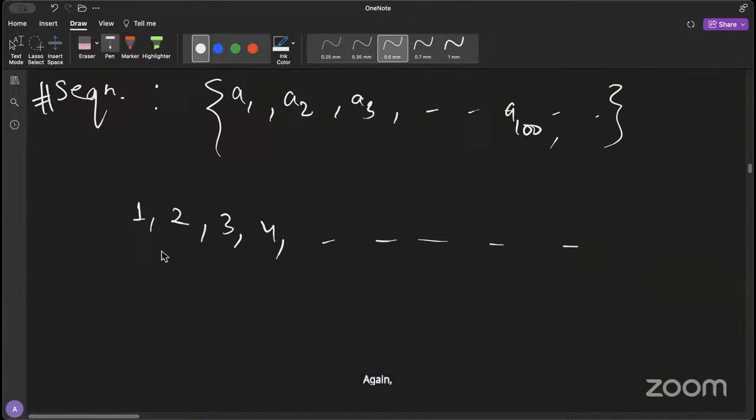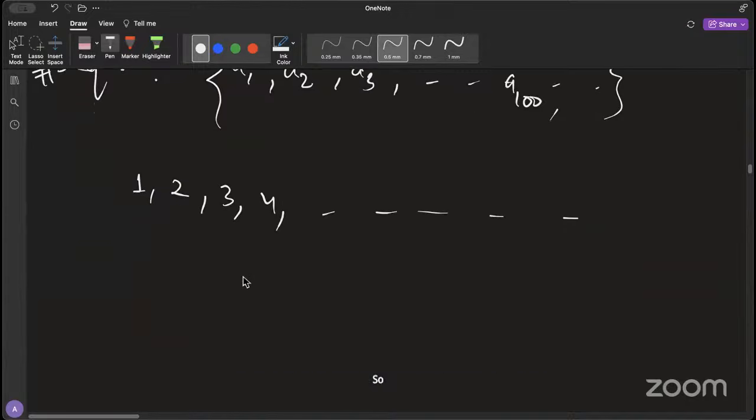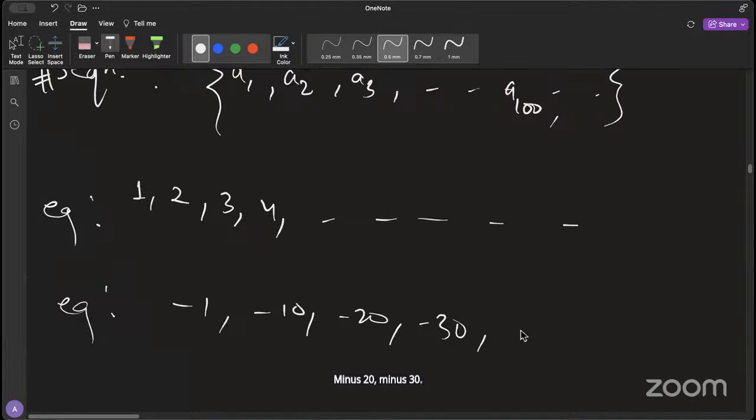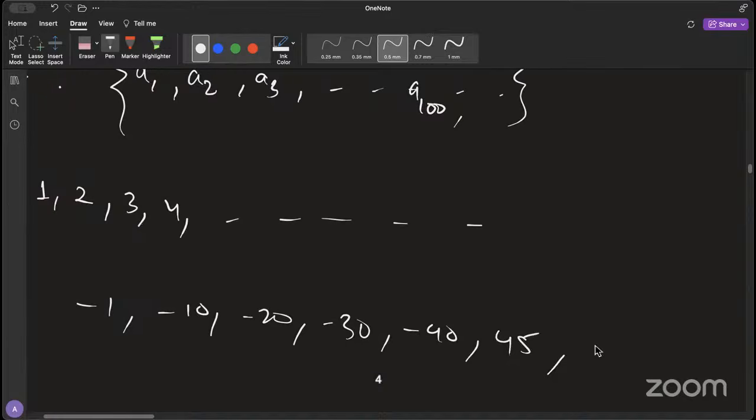Again, I'm not giving the proper definition here. We don't have time for that. So this is a sequence. Next up I can take, let's take -1, -10, -20, -30, -40, 45, 57.